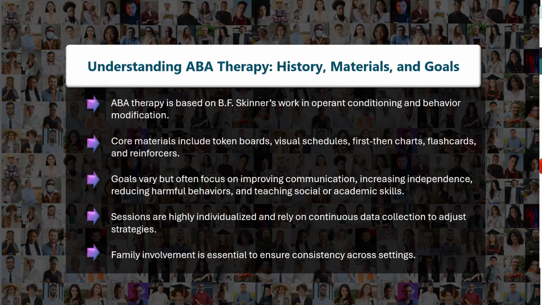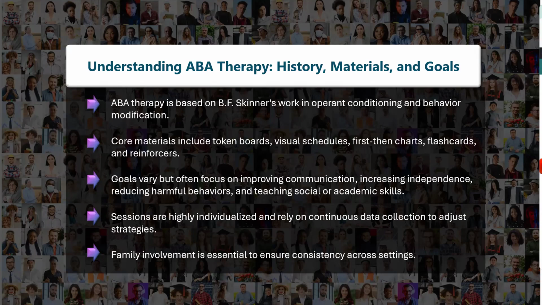Another one is to help clients enhance social interactions and play skills. And another goal is reducing clients' aggressive, self-injury, or disruptive behaviors.